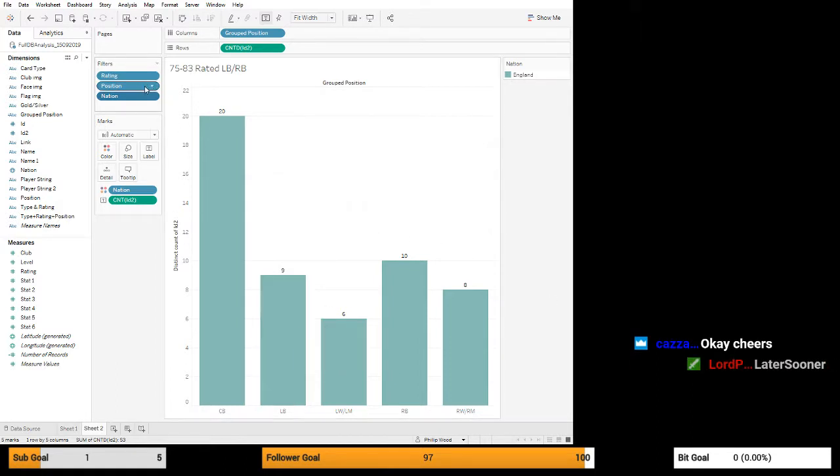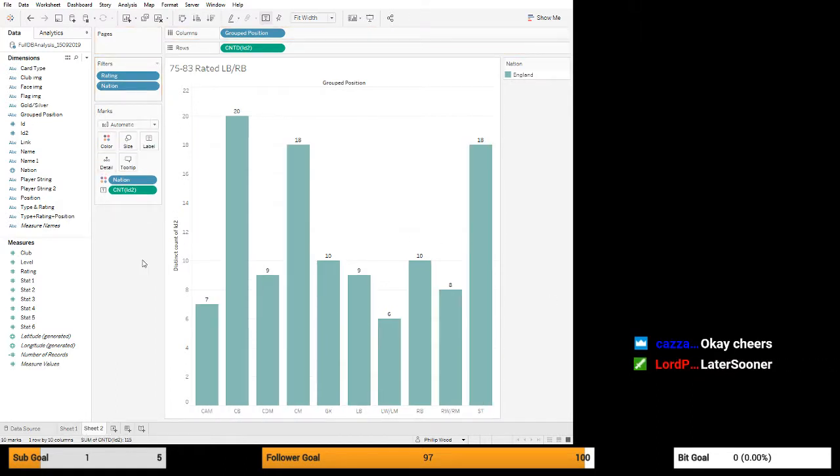So let's get rid of the position filter. So what we do here, let's sort this as well. Get the left backs at the top, get the right backs. Got to be in order, innit?